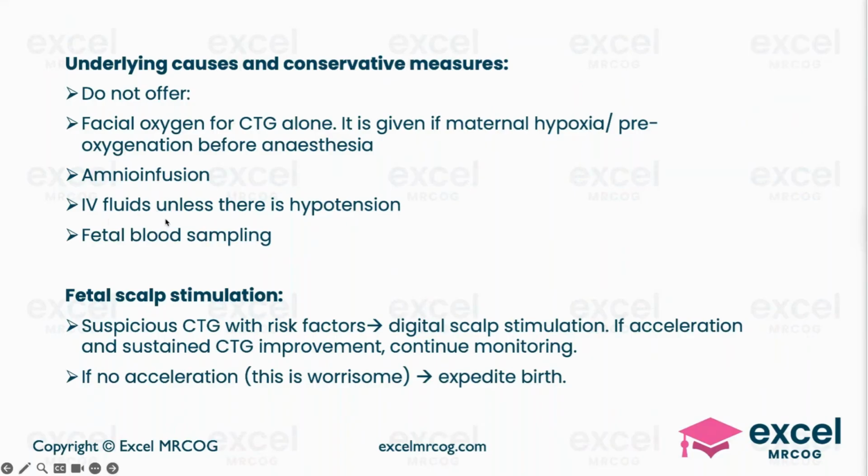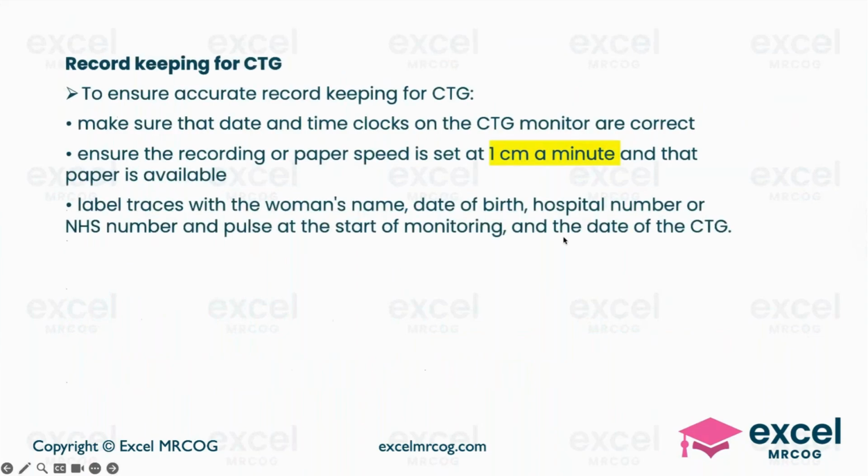Do not give IV fluids unless there is hypotension. Do not do fetal blood sampling as per the new guidance. So you will not ever pick it, but if you are given a value, you should know what to do. Scalp stimulation is done if suspicious CTG, but if accelerations and CTG improvement, then please don't do anything. If no acceleration with fetal scalp stimulation, this is problematic. If you wake up the baby and the baby is not having an acceleration, not good. It's not good at all.